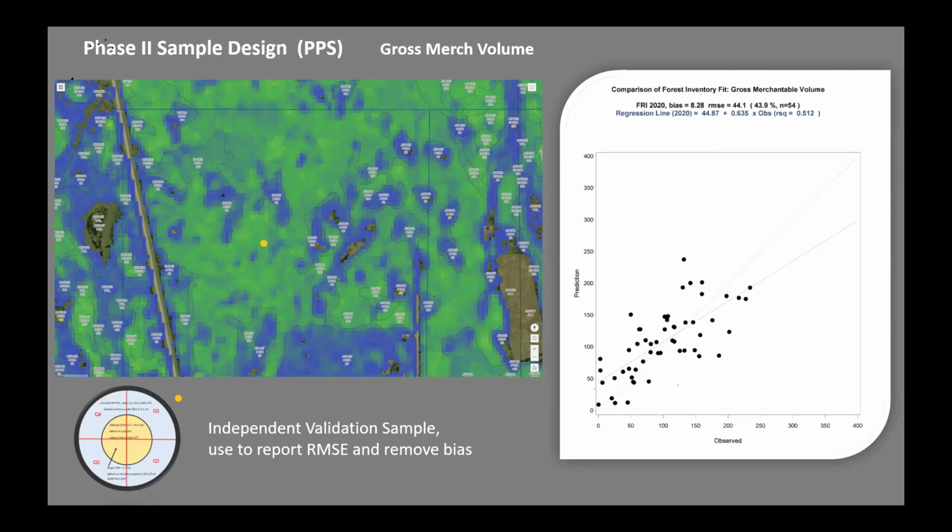And you can see that there's a one-to-one line in light gray, and then a regression line in the light blue color. And so we can use that regression to drive the bias out of our map. In other words, to convert our EFI from a model-based inventory to a model-assisted unbiased inventory.